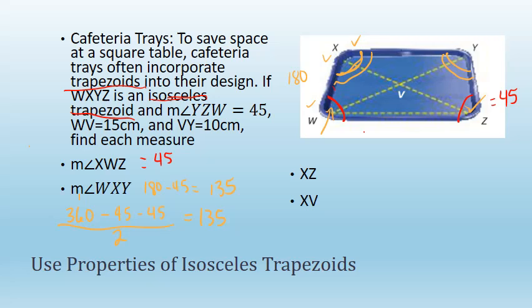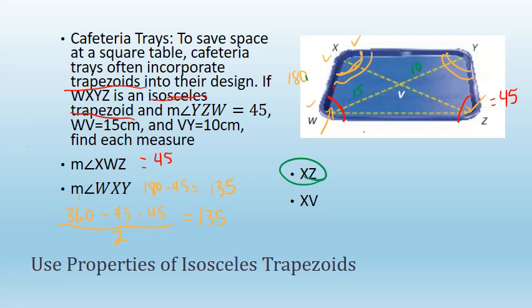All right. Now, let's move on to the measure of the diagonals. So we're told that WV is equal to 15 centimeters, and VY up here is 10, and we're asked what is XZ.